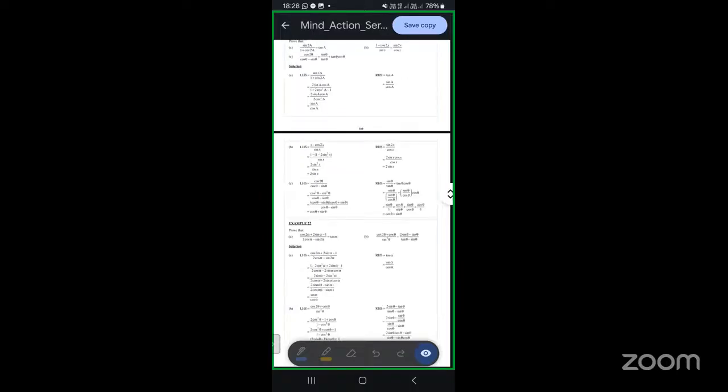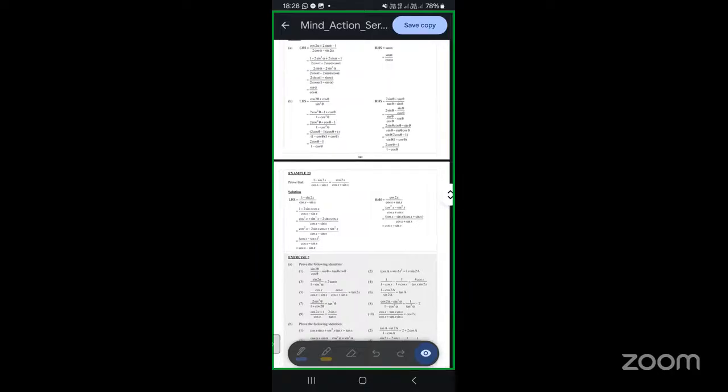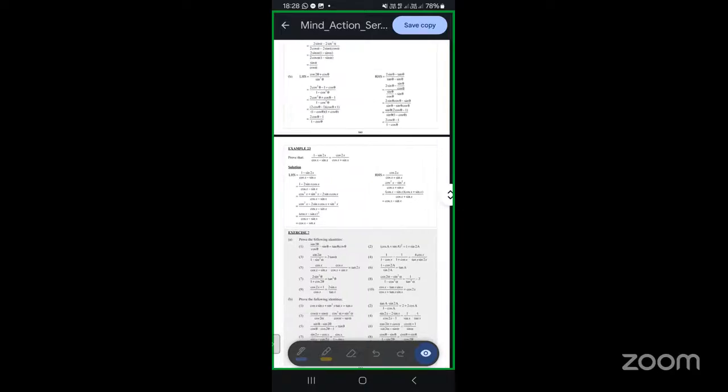Those that I tick, you will send me the answers when you are done, before tonight, before 7:30, and then we can go through them together and do some corrections with you there on WhatsApp. Is that okay with you?